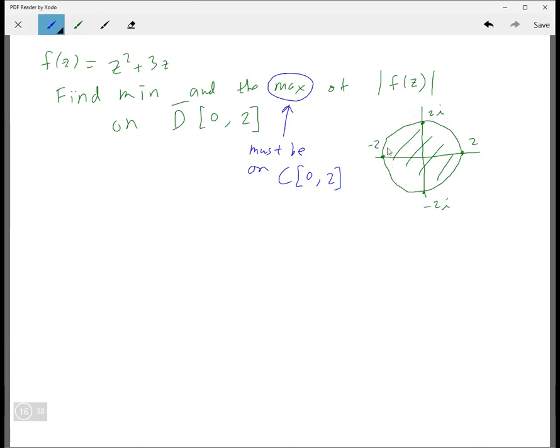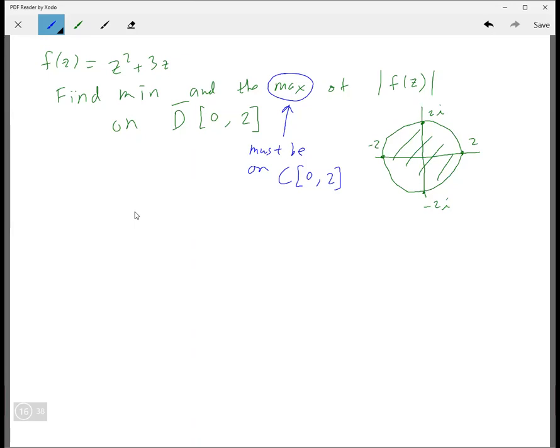Okay, so now, if somebody wants to guess what the maximum would be? What's the maximum value of this on this circle? And what point would give it to us out of all these points on the circle?